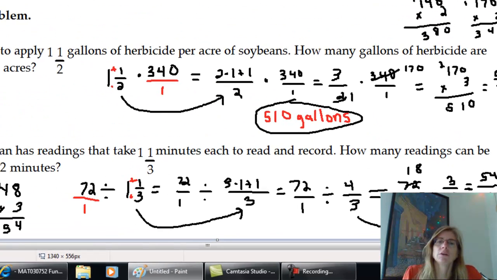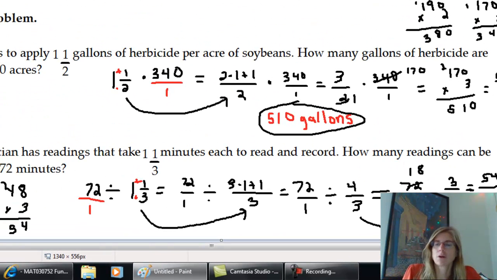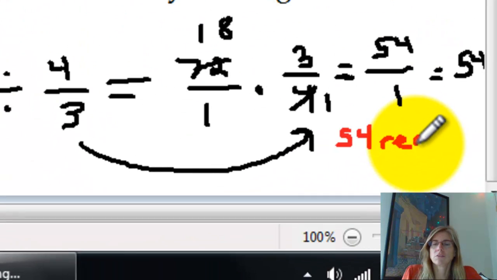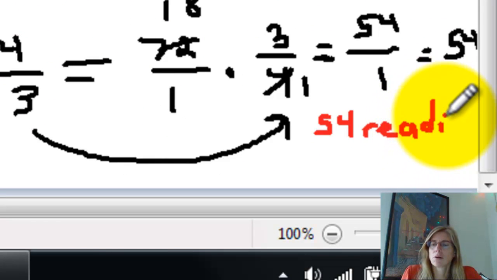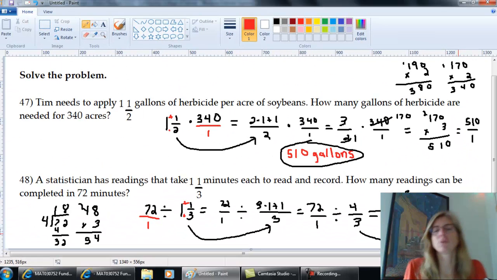So the answer is 54 readings. So 54 readings can happen in 72 minutes because it takes 1 1/3 minutes to read and record. 54 readings.